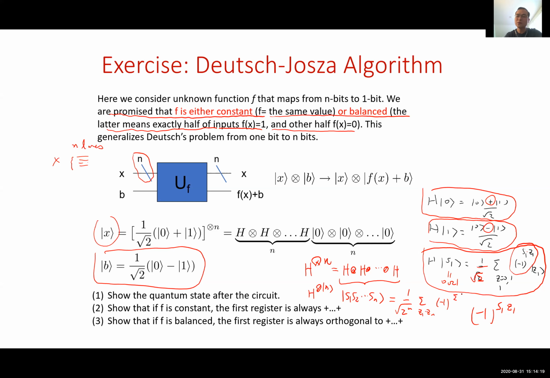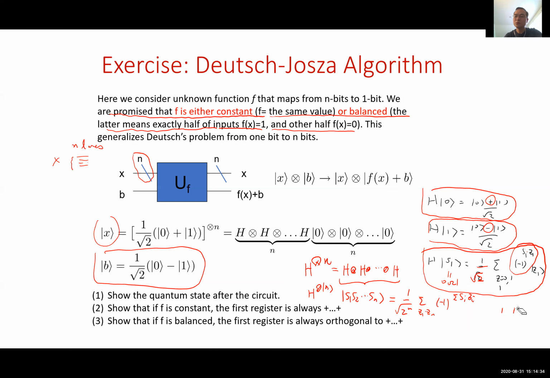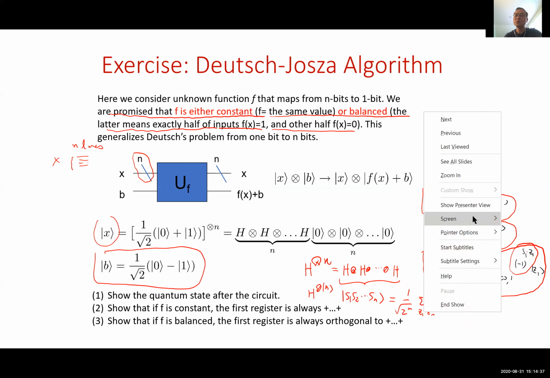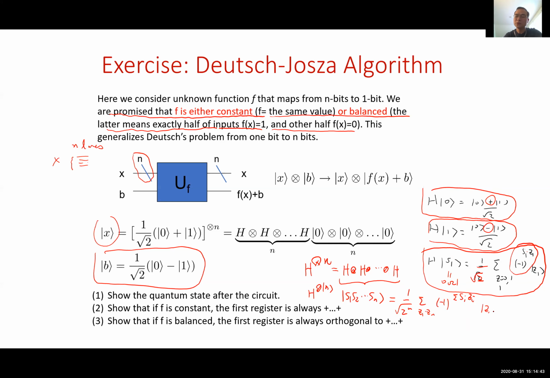This will be the sum over Si Zi. And this will be Z1, Z2 up to Zn. So just to convince yourself that this is the case, it's in the homework exercise. And this will be another exercise, but maybe for the next week.